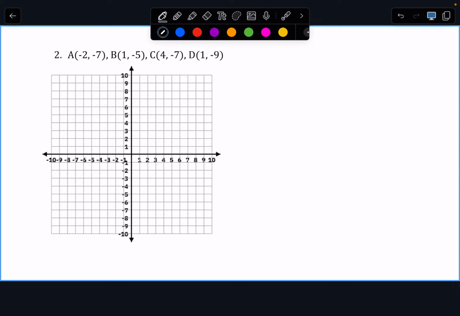Oops. Thank you, Alex. All right. So here we go. We have -2, -7, 1, -5, 4, -7, and 1, -9. We're going to use slope.